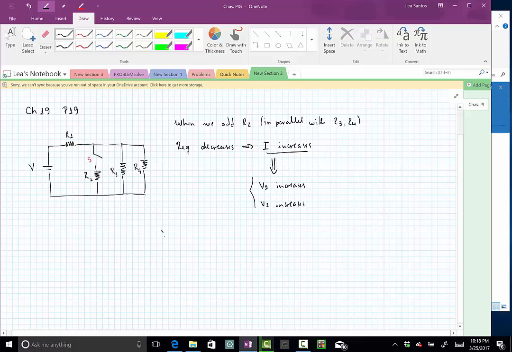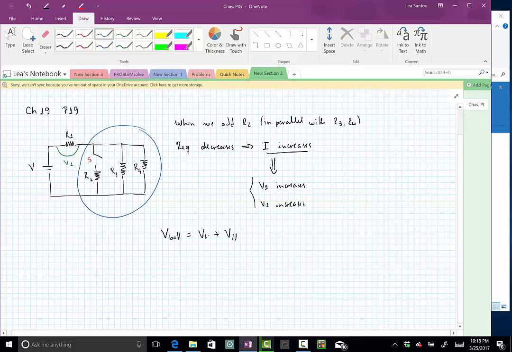We have here that the whole potential difference from the battery is equal to the potential difference for the resistance 1, plus the potential difference for the whole parallel circuit, plus the potential difference for this whole group here.